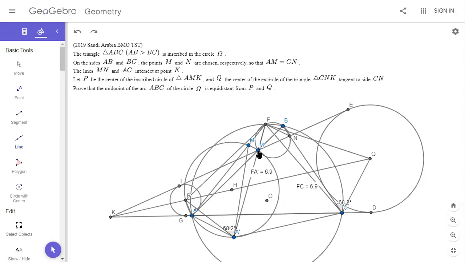let's see. Wait, how did I even define M prime to begin with? Yeah, that's M prime FM is AFM. AFM is NFC.